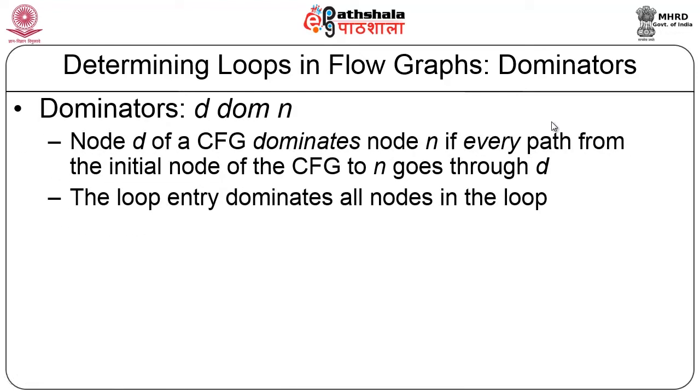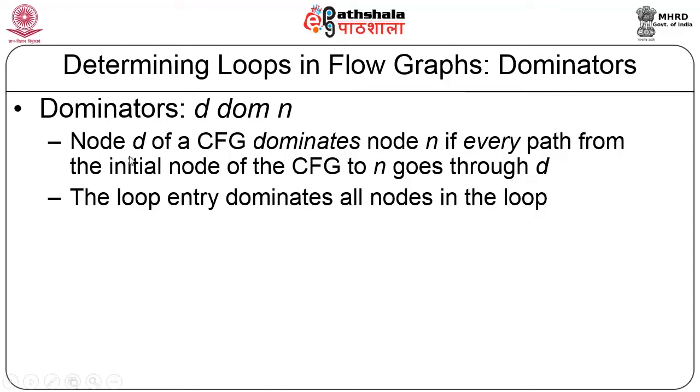Dominators are typically done for basic blocks, where it is denoted by D dominates N. Every node in a control flow graph, otherwise abbreviated as CFG, consists of a sequence of instructions. Every node corresponds to a basic block.